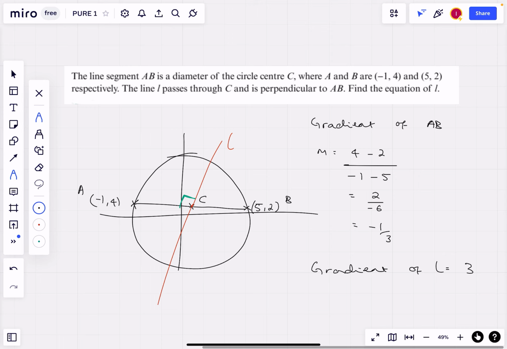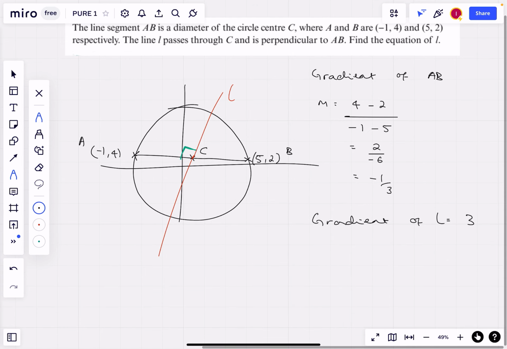Okay, so now, knowing that it passes through the point C, can you work out the equation of L, please? So C is the center of the circle. So you want to work out the center of the circle by working out the midpoint of AB.